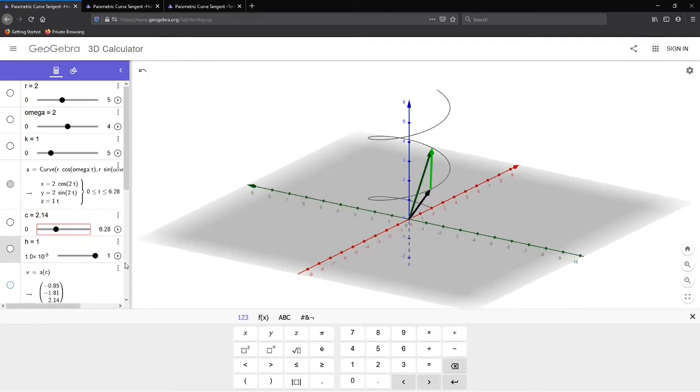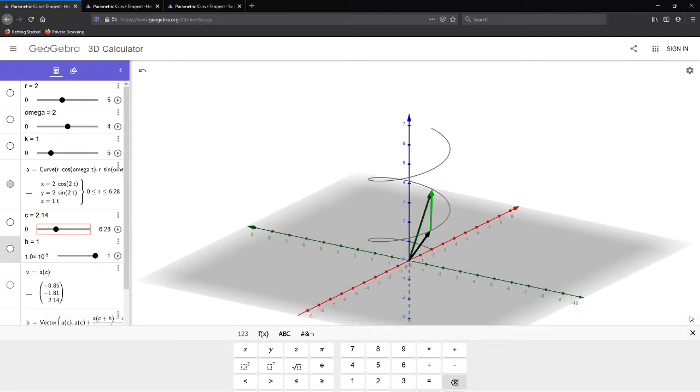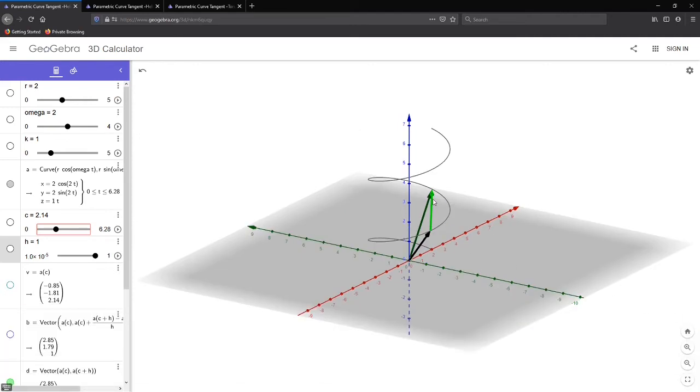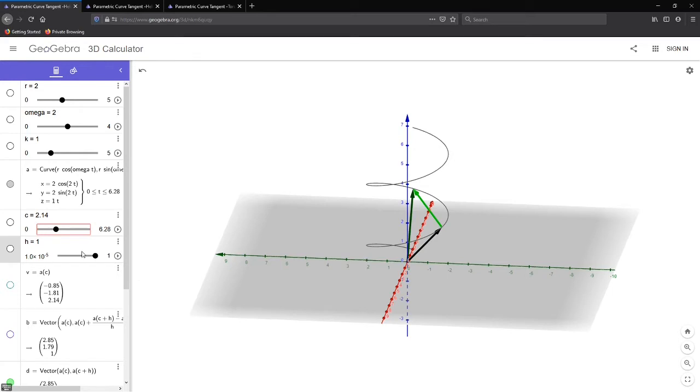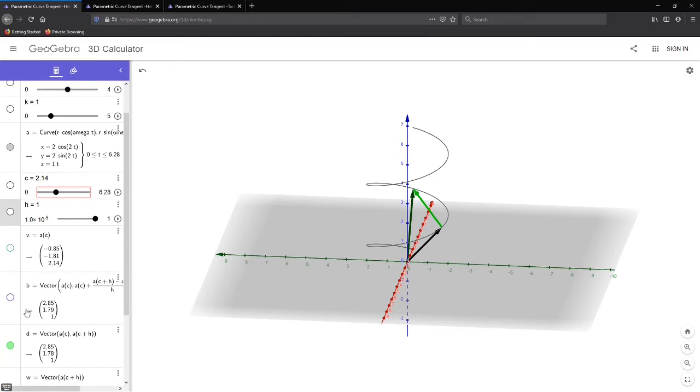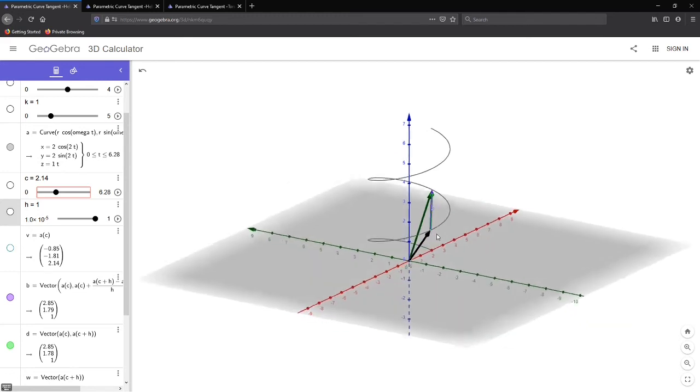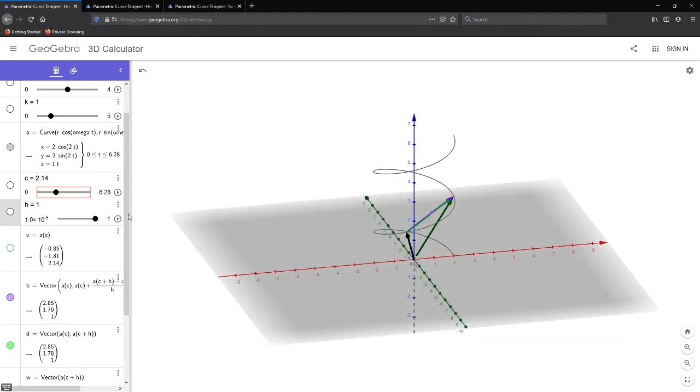However, instead of just considering the difference r of t plus h minus r of t, we consider that difference quotient, r of t plus h minus r of t over h, and that's represented by this purple vector right here. You'll see exactly what happens as H goes to 0. It's very cool.